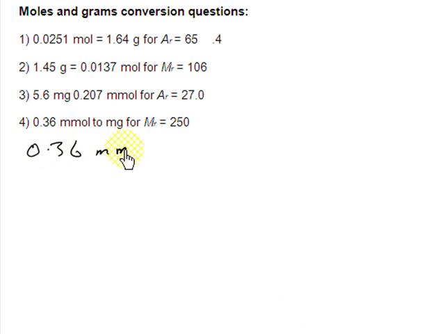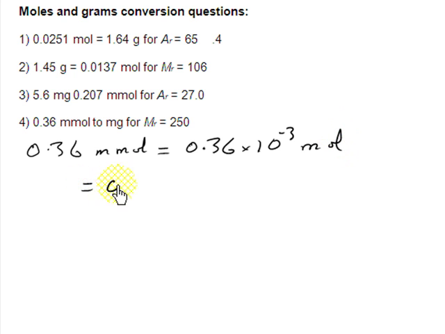For question 4, 0.36 millimoles is initially converted into moles as 0.36 times 10 to the minus 3 moles. And then we can convert moles to grams because we know that 1 mole of a compound with a relative molecular mass of 250 will have a mass of 250 grams.